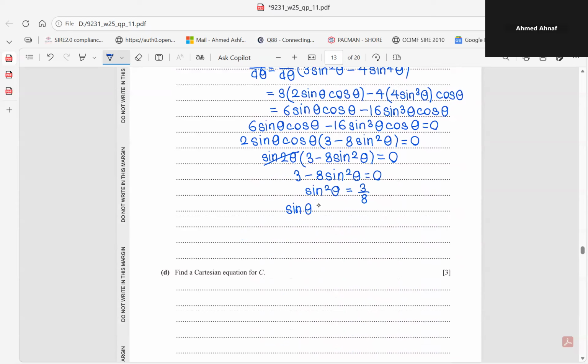So sine theta, taking square root, you would get square root 3 over 2 square root 2. I rejected the negative one because, again, our domain for sine theta is not negative. So it only can be positive.